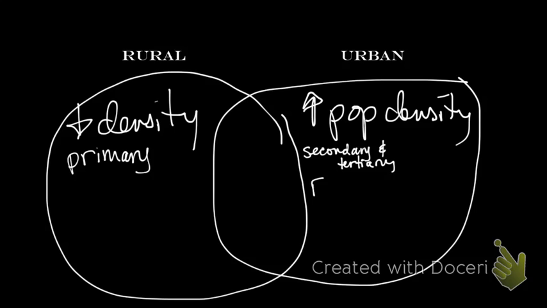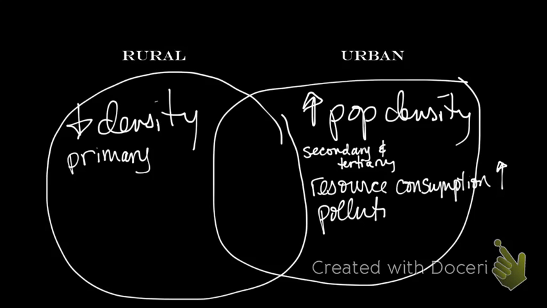I think Finn on A-Day came up with a really great topic, which was resource consumption. And we said that resource consumption is going to be much higher in an urban setting versus a rural setting. We can get into pollution, crime, poverty.